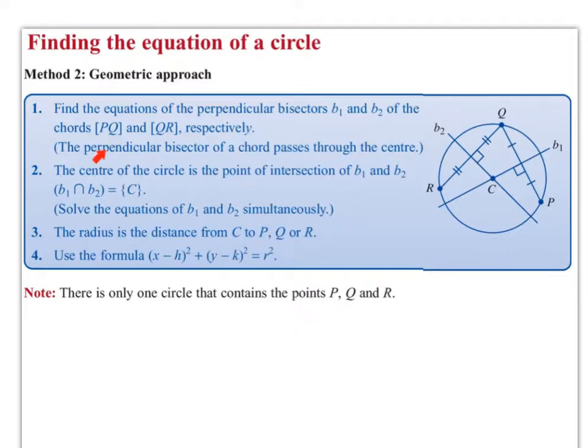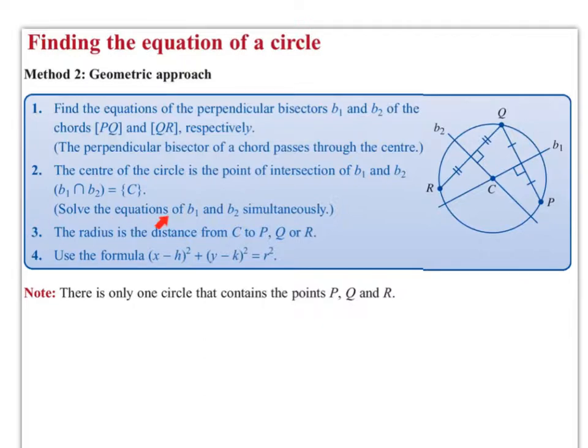Step 2, the centre of the circle is the point of intersection of B1 and B2. So B1 intersection B2 is equal to C. So we solve the equations of the perpendicular bisectors simultaneously to find the point of intersection.